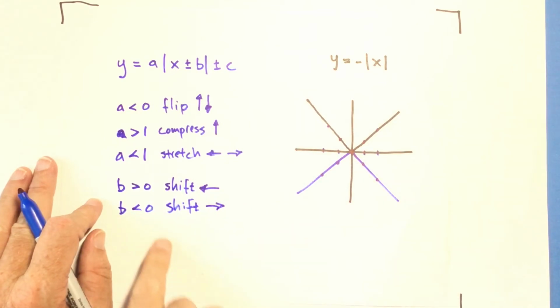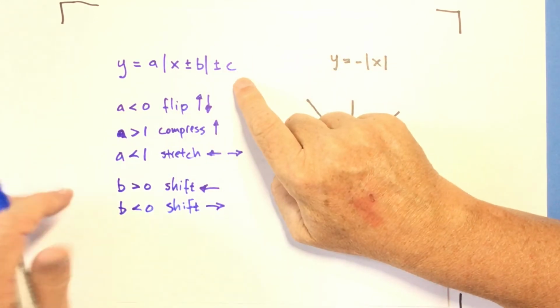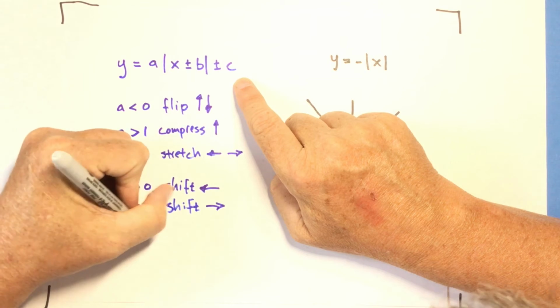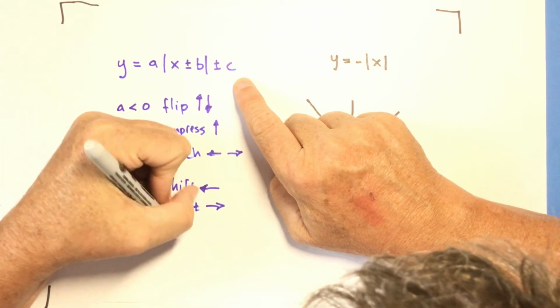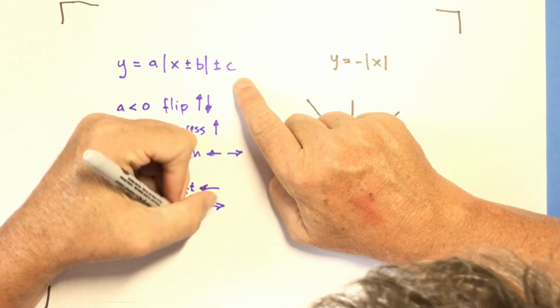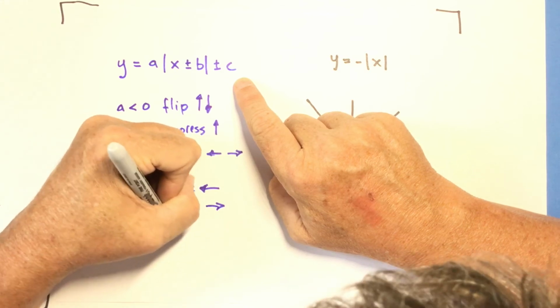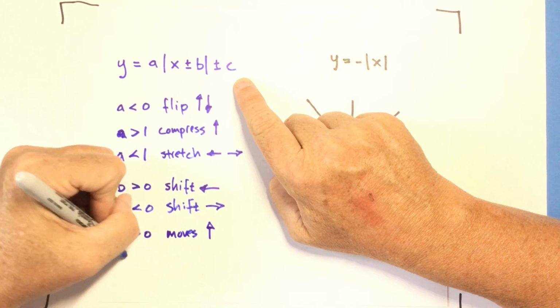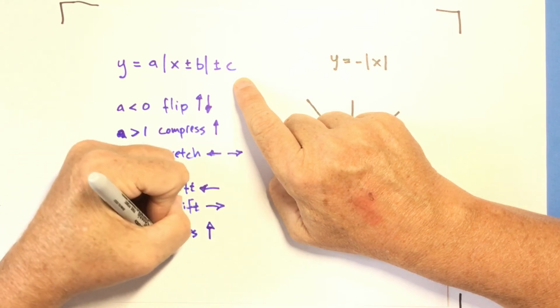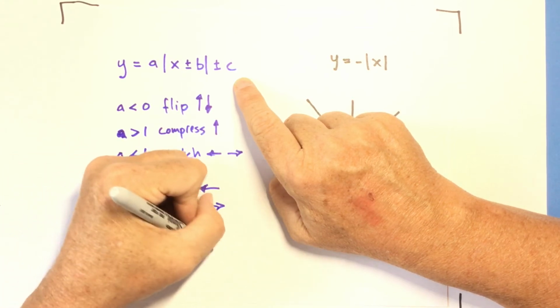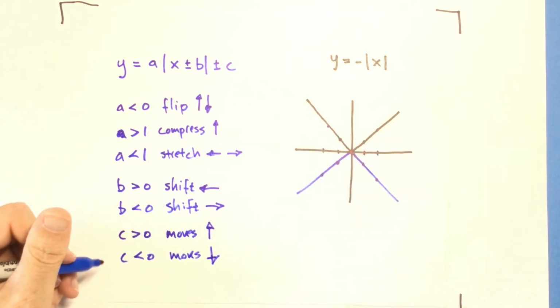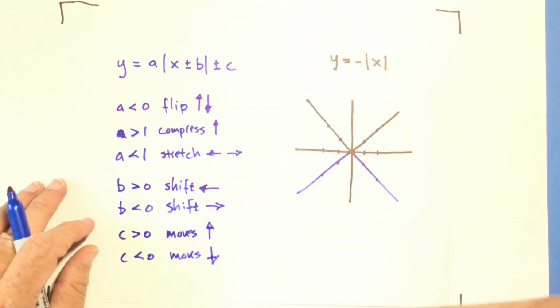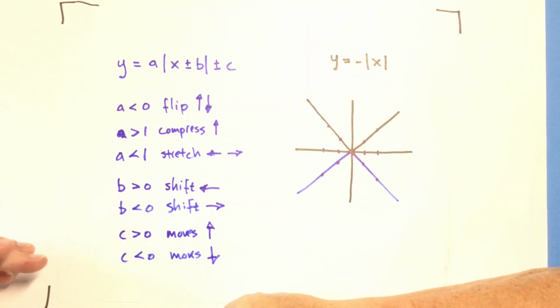If B is negative, it shifts to the right. And C, if C is positive, in other words, C is greater than 0, that moves the graph up. Some people would say shift as well. If C is less than 0, that moves the graph down. Your teacher might have other words she uses here, but the principle is always going to be the same.